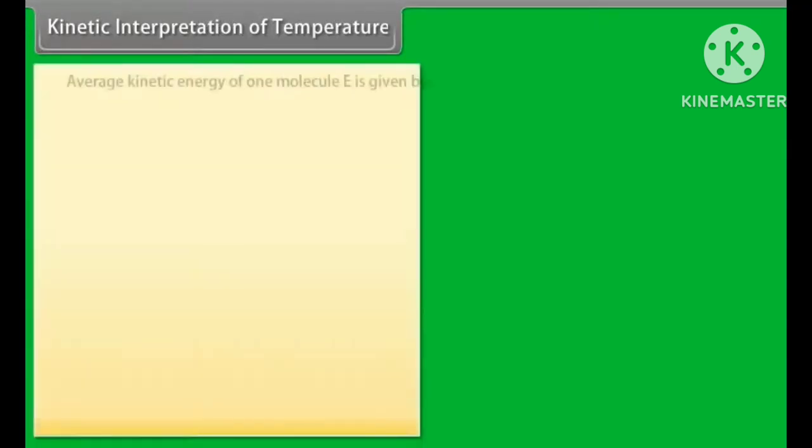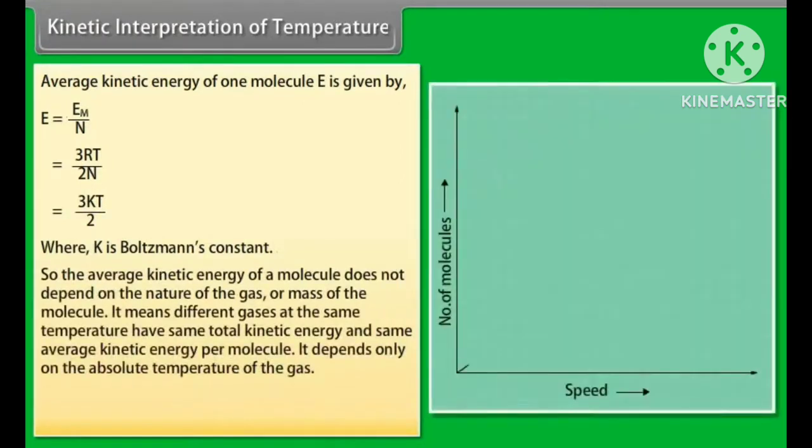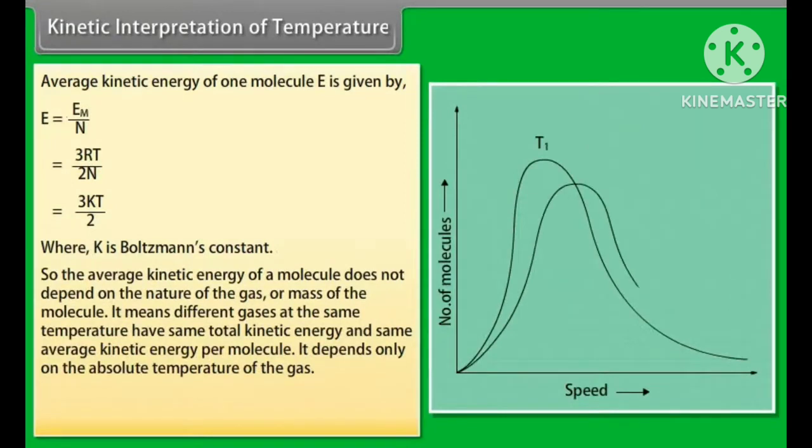Kinetic interpretation of temperature. Average kinetic energy of one molecule is given by E equals E total upon N equals 3RT upon 2N equals 3kT by 2, where k is Boltzmann's constant. So, the average kinetic energy of a molecule does not depend on the nature of the gas or mass of the molecule.